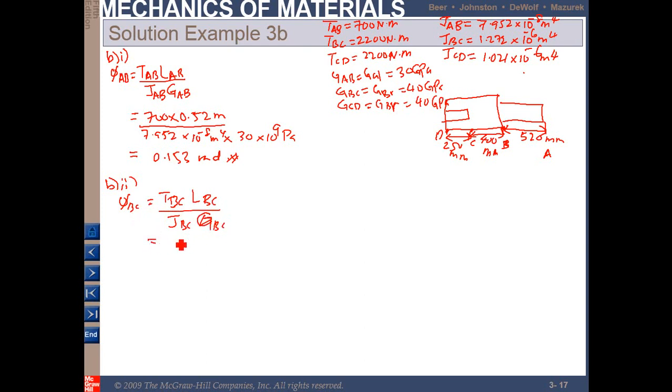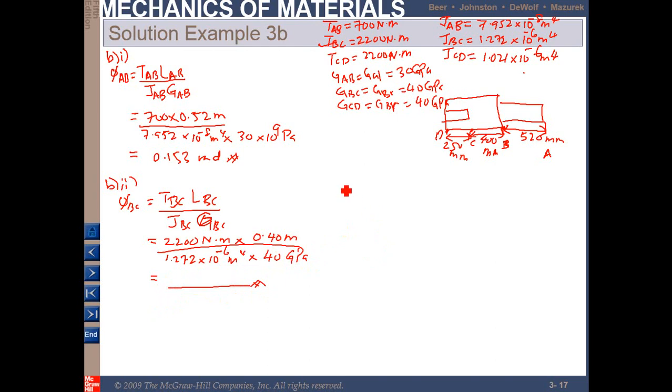So torque BC is 2200 Newton meter, times length BC, which is 400 millimeter, equal to 0.4 meter, over JBC, 1.272 times 10 to the power of minus 6 m4, times GBC equal to 40 GPa. So calculate this, you will get the answer.